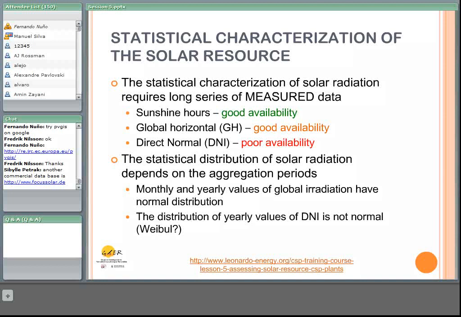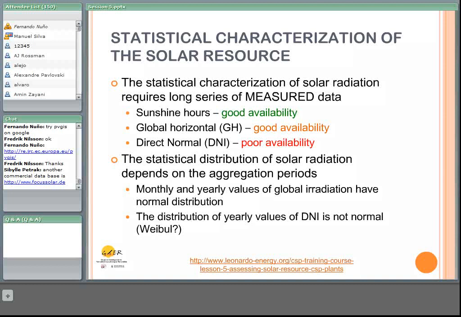This characterization requires long series of measured data, because I would say it's not correct to characterize the resource from modeled data, from estimated data, because the results of the model show different types of bias, or the characteristics of the results differ from the reality.